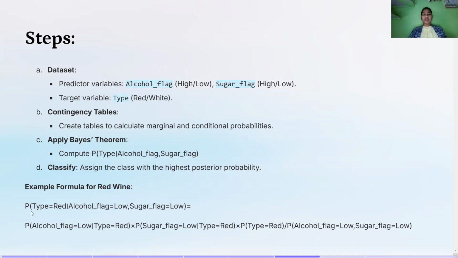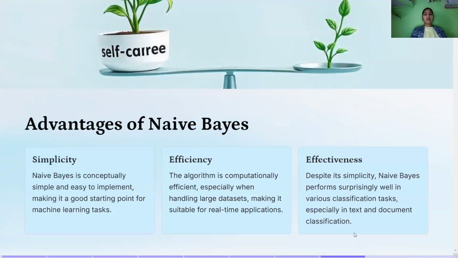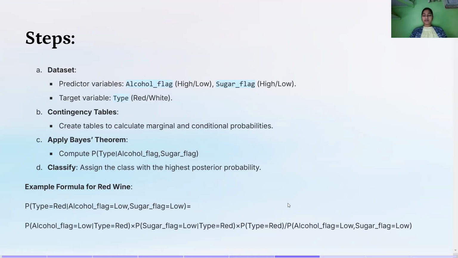P(type = red | alcohol flag = low, sugar flag = low) = P(alcohol flag = low | type = red) × P(sugar flag = low | type = red) × P(type = red) / P(alcohol flag = low, sugar flag = low). We can also see the code for this example.